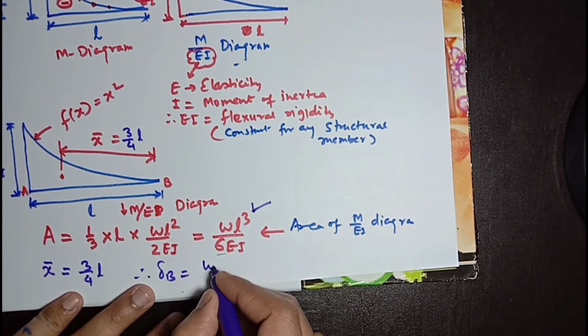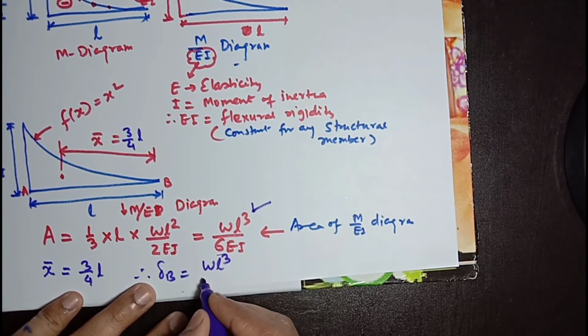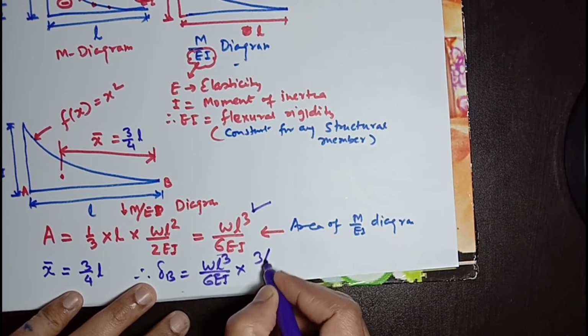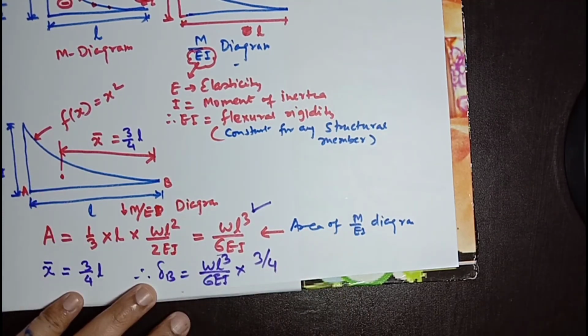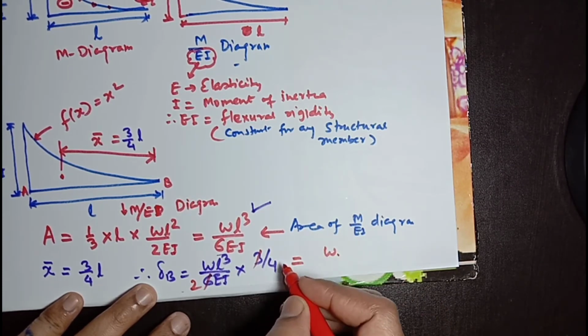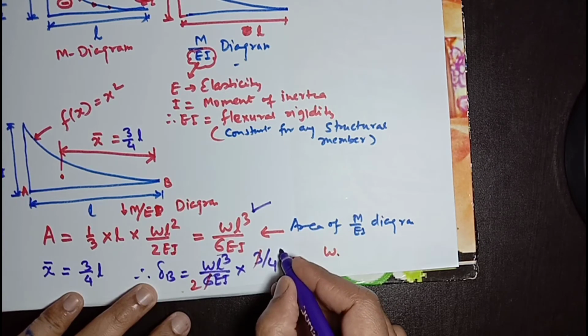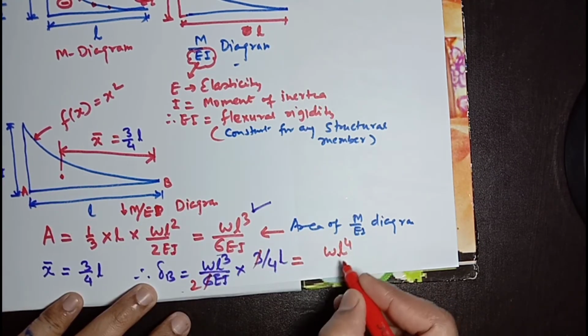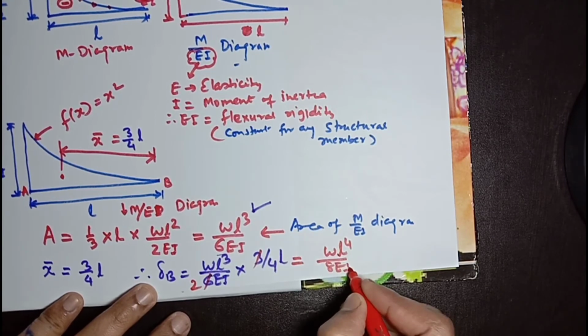So WL to the power 3 divided by 6 EI multiplied by 3/4. Now 3 divided by 6 equals 1/2, so it will be WL to the power 4 divided by 8 EI.